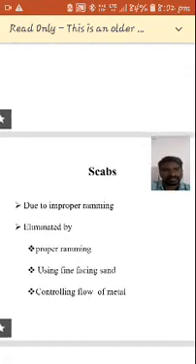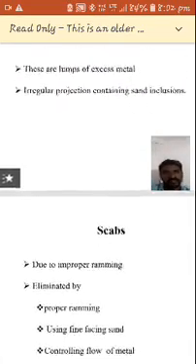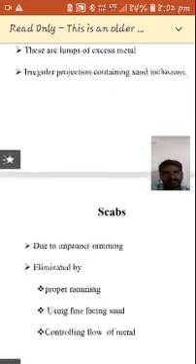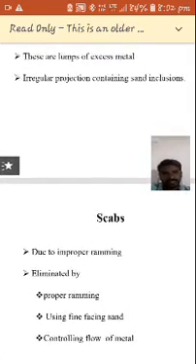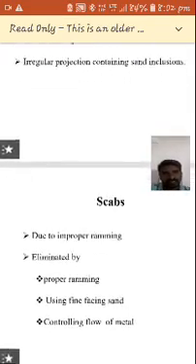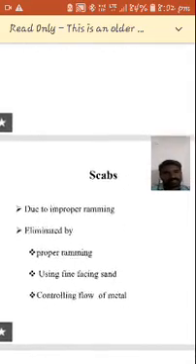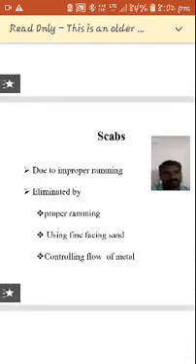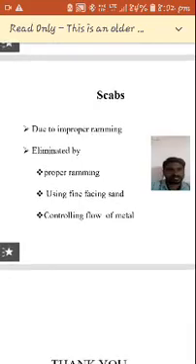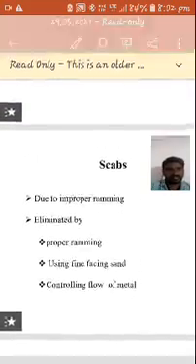Scabs are eliminated by proper ramming, using fine facing sand, and controlling the flow of metal. The flow should be controlled and have good fluidity. So ramming plays a very major role in all defects. That is about scabs.